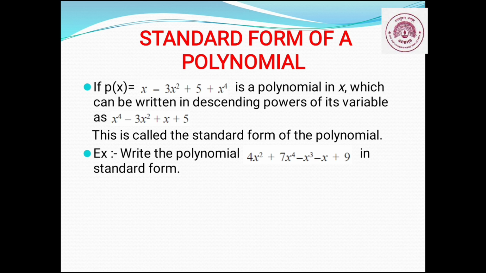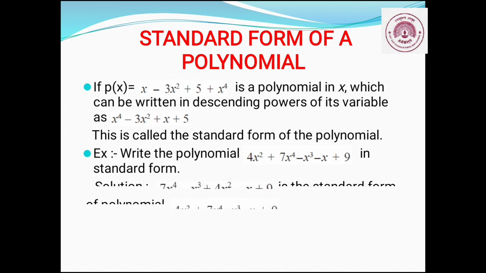So therefore, solution: 7x raised to power 4 minus x cube plus 4x square minus x plus 9 is the standard form of polynomial 4x square plus 7x raised to power 4 minus x cube minus x plus 9.